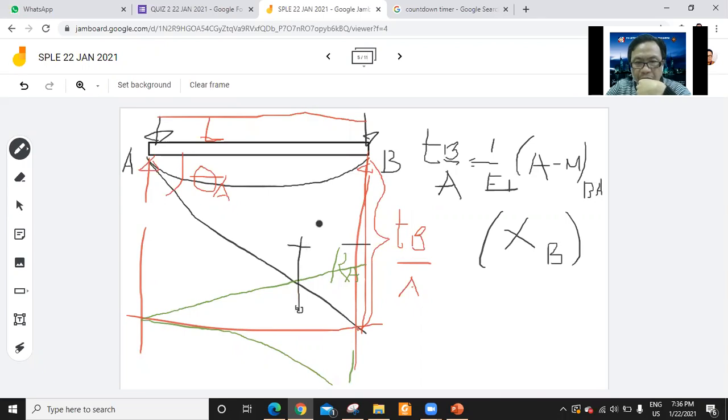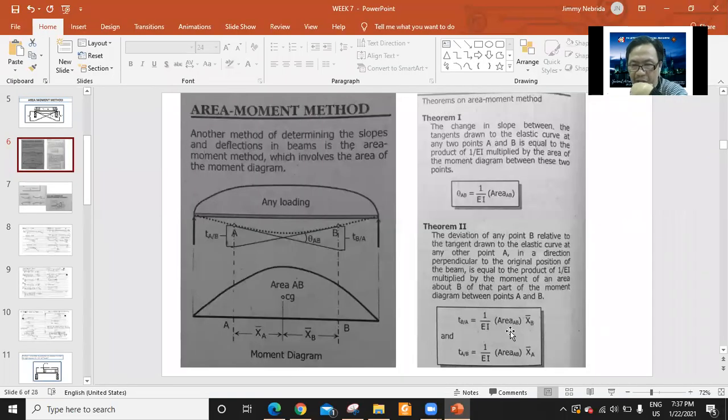Take note, if you draw the deviation at B from A, your centroid will also be coming from B. So this is the area moment diagram.